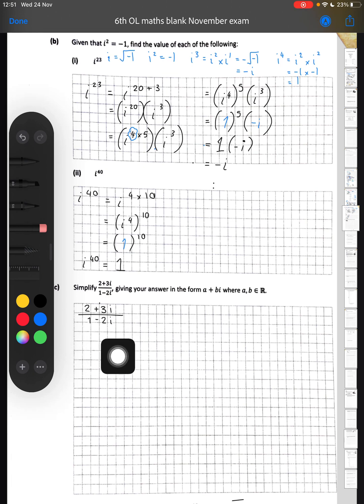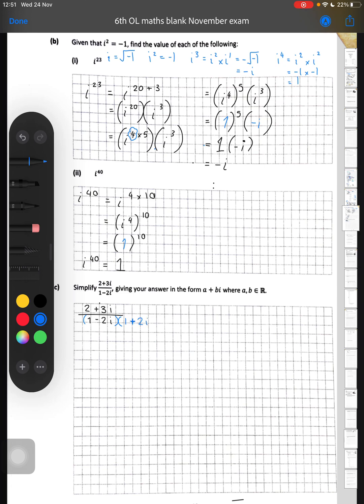So remember, when we multiply a complex number by its complex conjugate, we end up with a real number. Okay, so I'm going to multiply by the complex conjugate here. So I want to multiply that denominator by its complex conjugate, so I want to multiply that by 1 plus 2i.